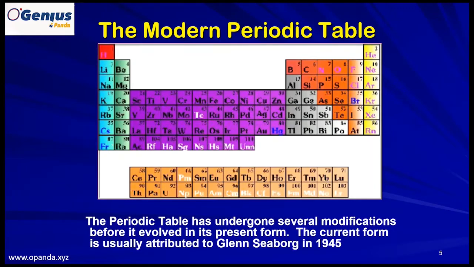So the periodic table has undergone so many modifications. And the current form of the periodic table we use today is attributed to Glenn Seaborg, who developed the format in 1945.